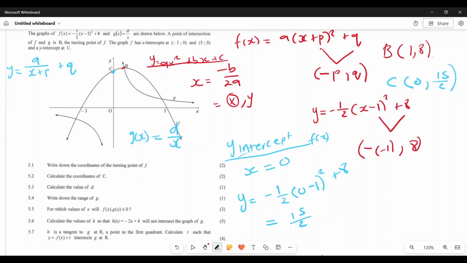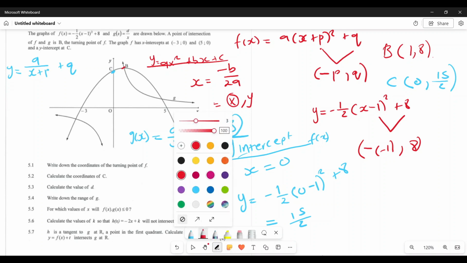But now they want us to calculate the value of a, and here it's indicated by your letter d. But how would I go about doing that? They told me that B is a point of intersection, a point whereby your f of x graph and your g of x graph meet, meaning that this point B is also present on your g of x. So I'm going to substitute it into this g of x and from there solve for my value of d.